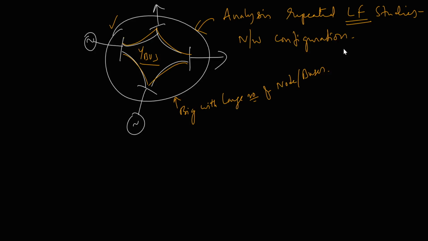Now the system analysis assumes that there is a fault on one bus and this line is removed, which means that the network configuration is altered.